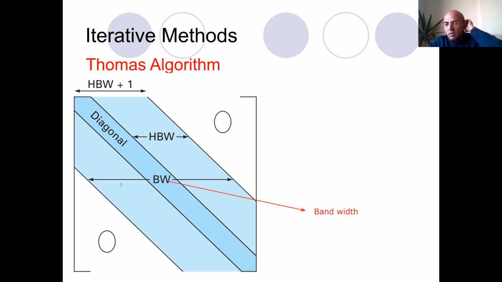This has some advantages. You can easily store only the non-zero elements of the coefficient matrix, and this will significantly decrease the allocated memory, especially when you are dealing with large matrices.